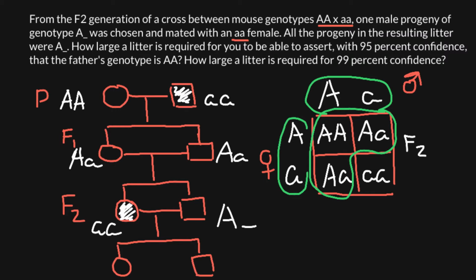Imagine now, for example, that this male is affected. So what can we say about the genotype of this parent? If this male is affected, that means he has to get a recessive allele from the mother's side, another recessive allele, so the genotype has to be small a, and another recessive allele this animal has to get from the father's side.